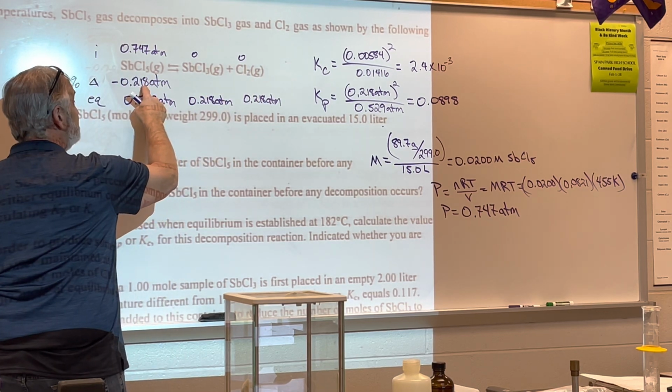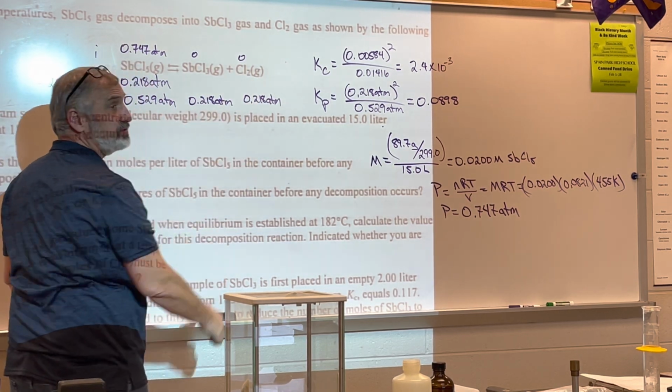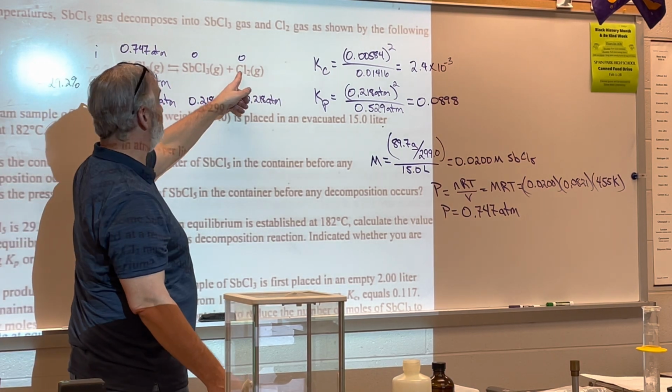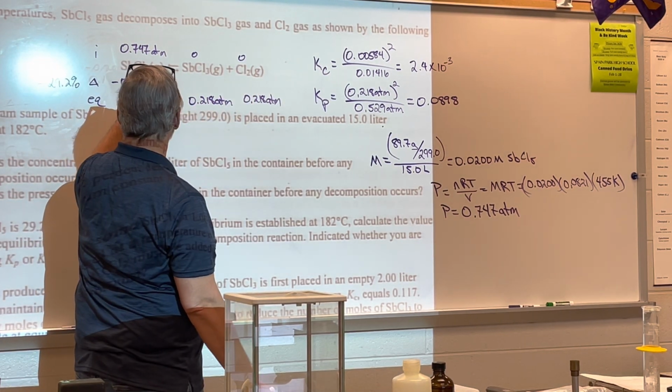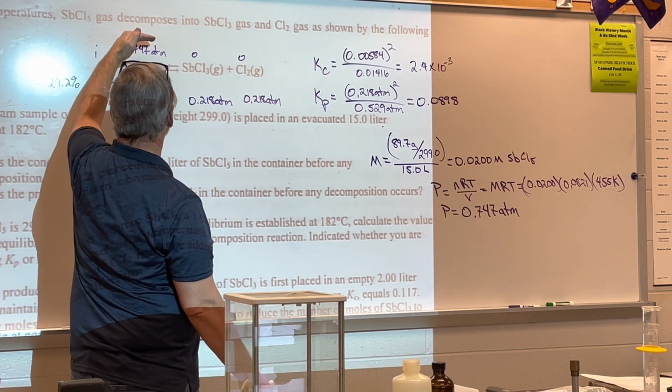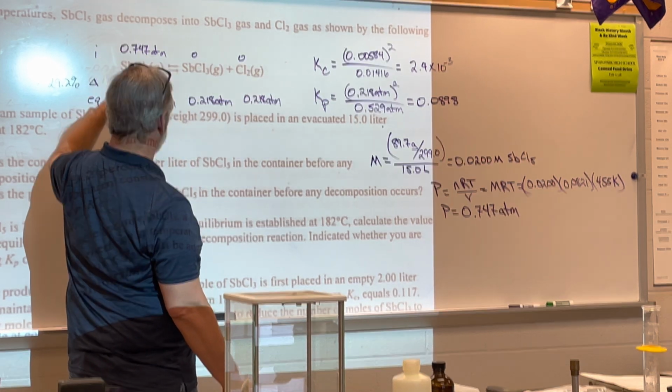So if this much reacted, we're going to get that much of each one of those produced. It's stoichiometry. For every one that reacts, you get one made. These are the coefficients. One of these makes one of those and one of those. So if 10 of these react, you're going to get 10 of those and 10 of those. But if we have 100 to start with, and 10 react, we're only going to have 90 at the end.